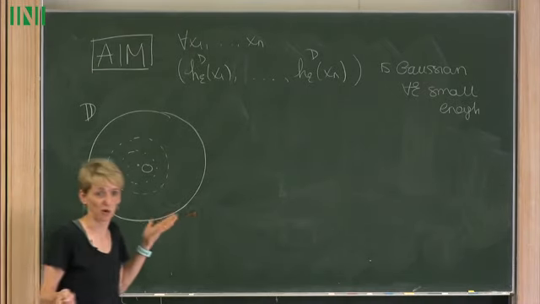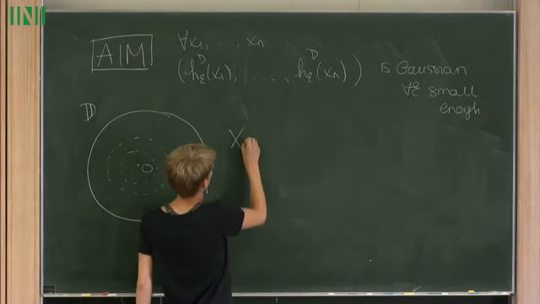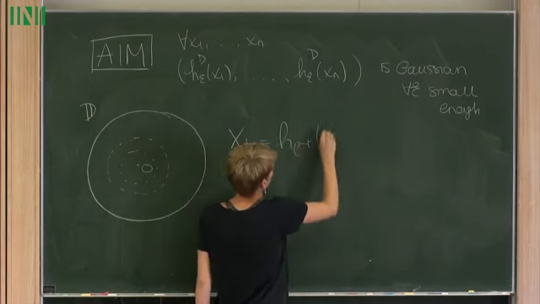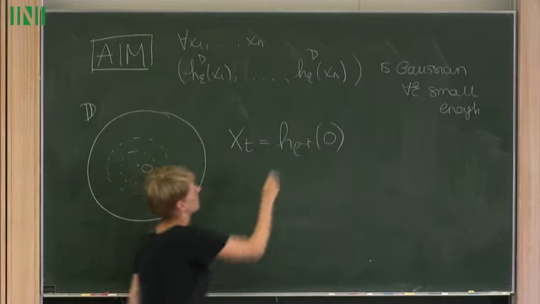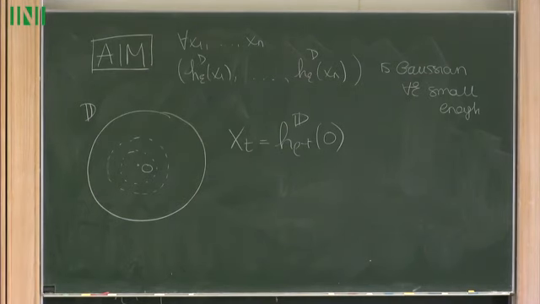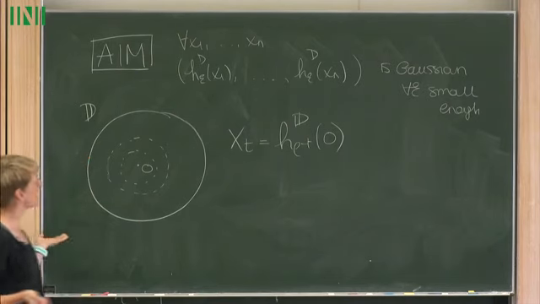The idea is to define the process x_t to be equal to the circle average at radius e to the minus t around the point 0. If we know that it's a Gaussian free field, this is going to be a very nice thing. So what can we say about this process?